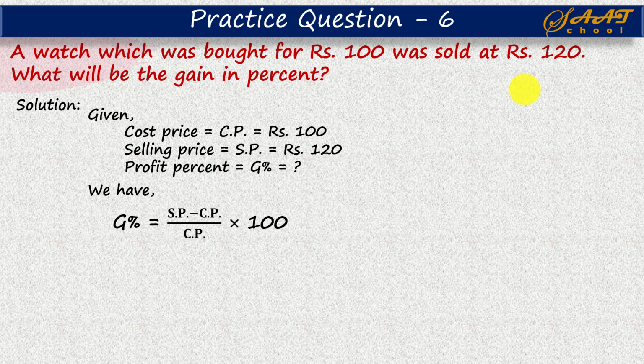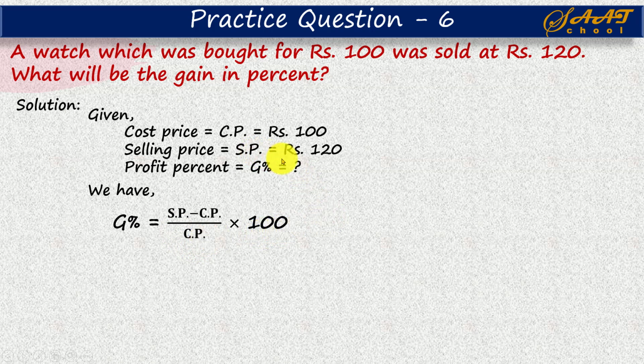As we discussed earlier in the previous video, to find profit percent and loss percent, we always use cost price, meaning you have to divide by cost price to find gain percent or loss percent. So here, finding gain percent, we have to find SP minus CP, then divide by CP and multiply by 100.